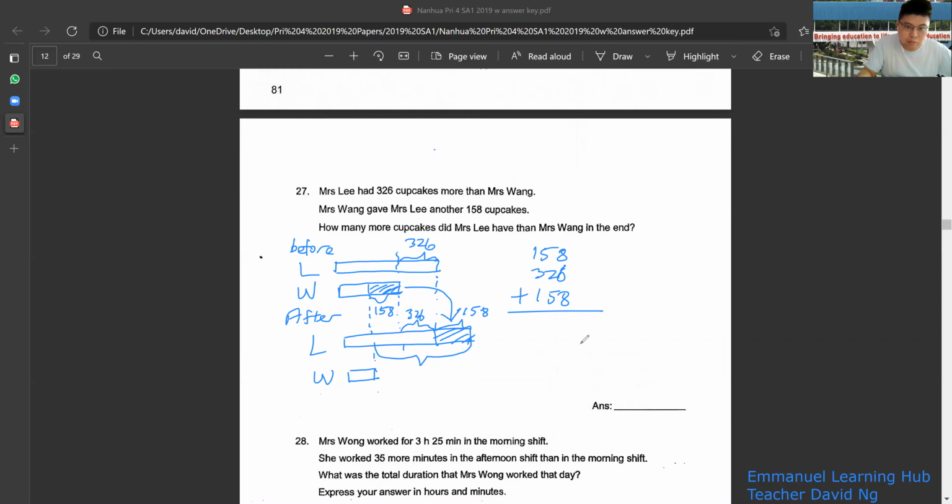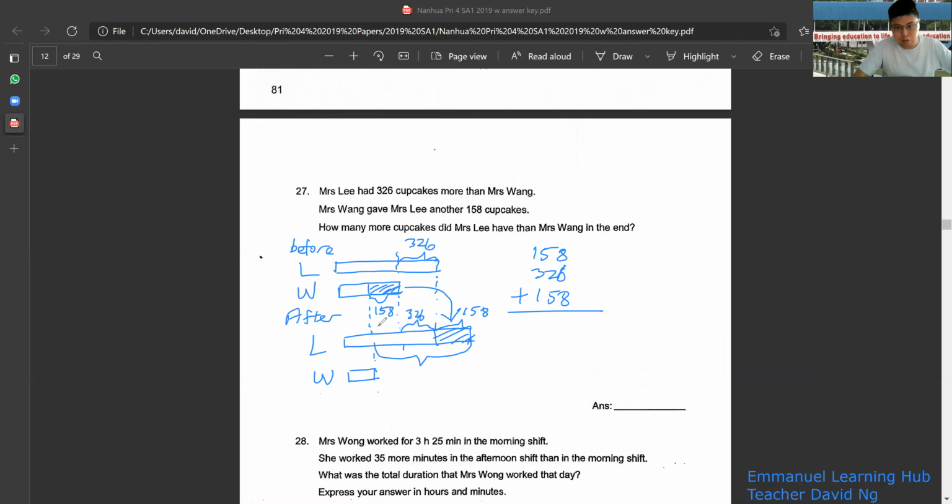That's why you must draw the model. 9,621?